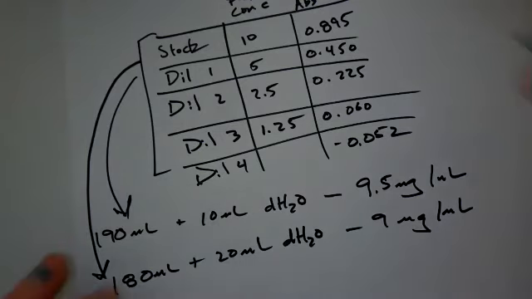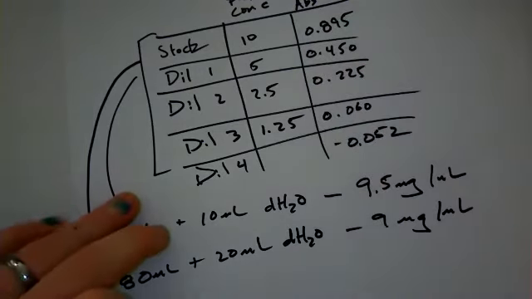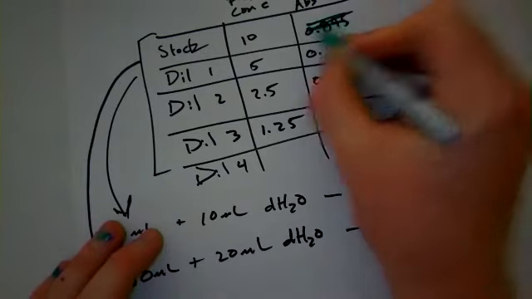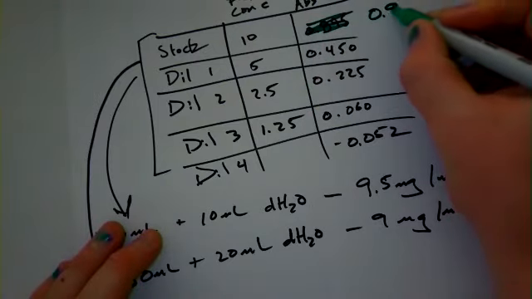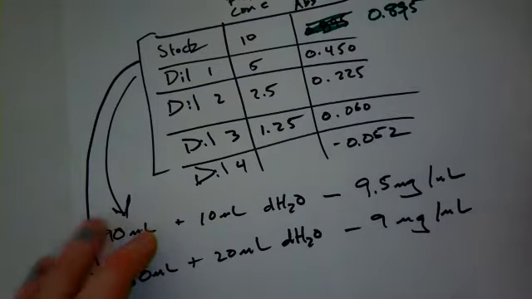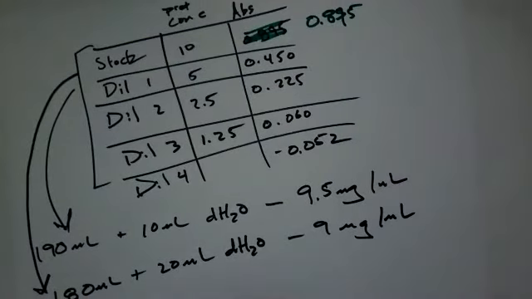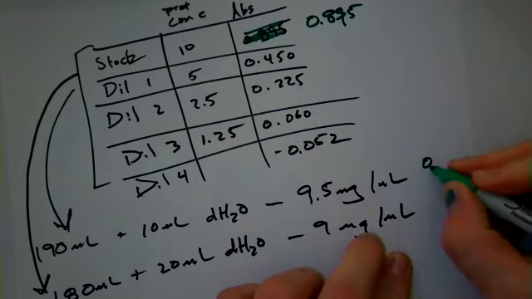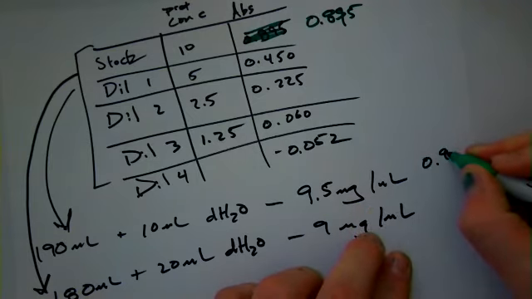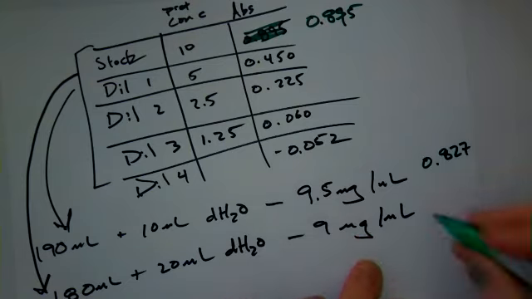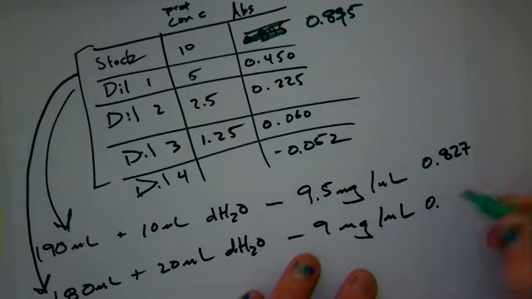Your absorbance for the stock, 0.895. Your absorbance for 9.5 micrograms per microliter is 0.827. And then for 9 it is 0.785.